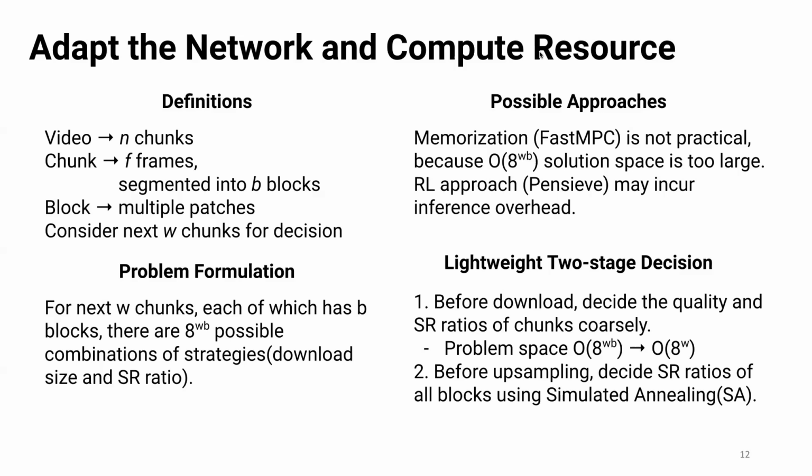And by doing so, they can reduce the problem size, and they can determine the parameters for the chunks to download and do SR. And then, before the upsampling, they decide the SR ratios again in a more sophisticated way, using a simulated image. And they consider only one chunk here, so they determine for each block using this approach.